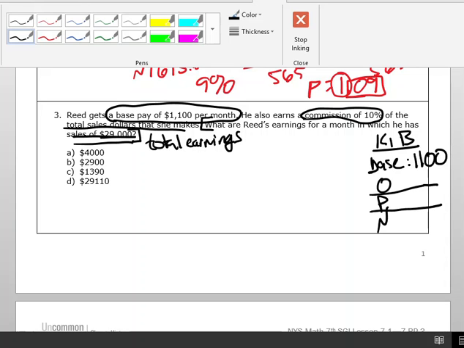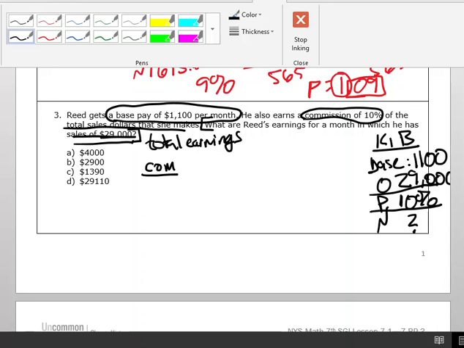My original here is 29,000. The percent he gets is 10%, and then it's going to give me my new. So this is a case where I'm going to go ahead and first find my commission.